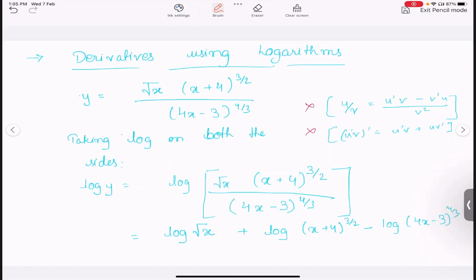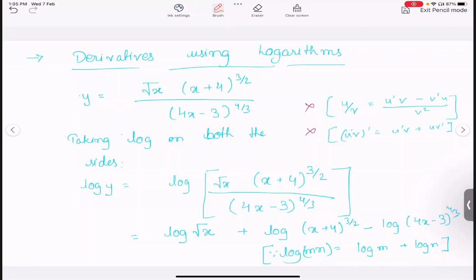Because log of m times n is equal to log of m plus log of n, we know this identity.